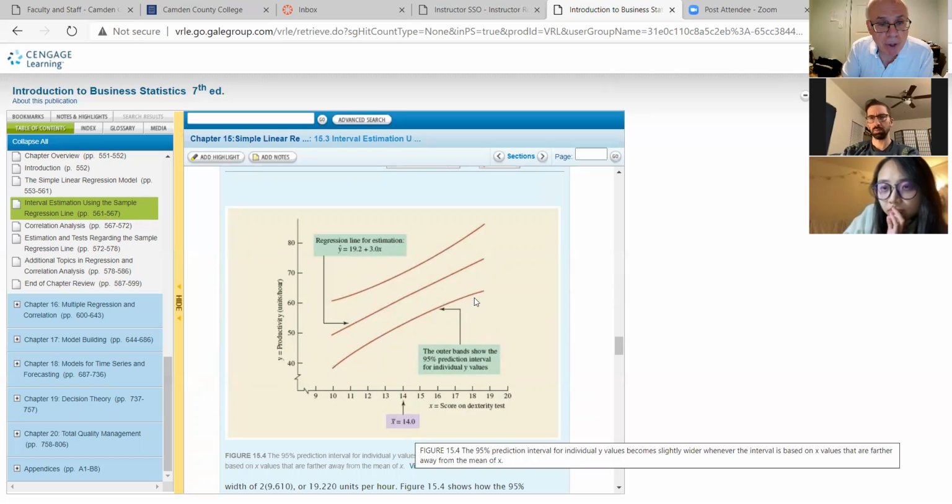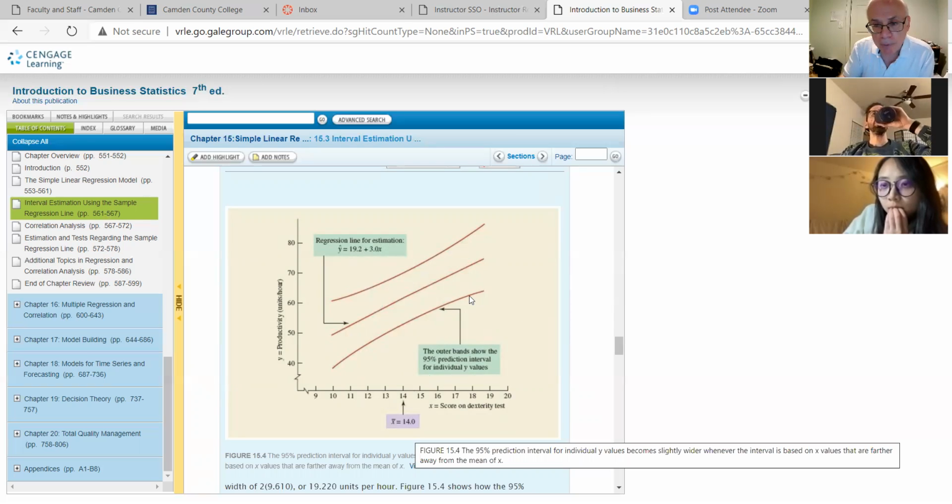You can graph the lower end of the prediction intervals as a curve and the upper end as a curve. These are called prediction bands. You can call them outer bands of the actual regression line. It shows you a 95% interval going across as you change your values of X.